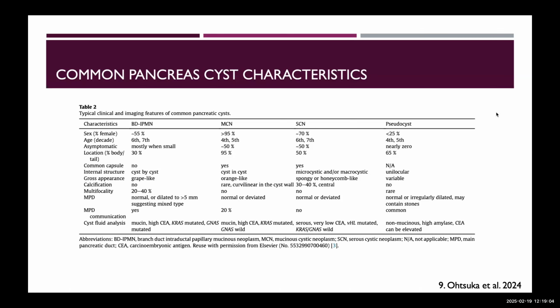Basically, your KRAS and GNAS are wild, and basically the CEA and amylase are low. As you can imagine, with a pseudocyst, it's sort of the opposite of an MCN, where you have a very high amylase because it's related to ductal disruption, but the CEA, generally speaking, is within normal limits, and it's a non-mucinous lesion.